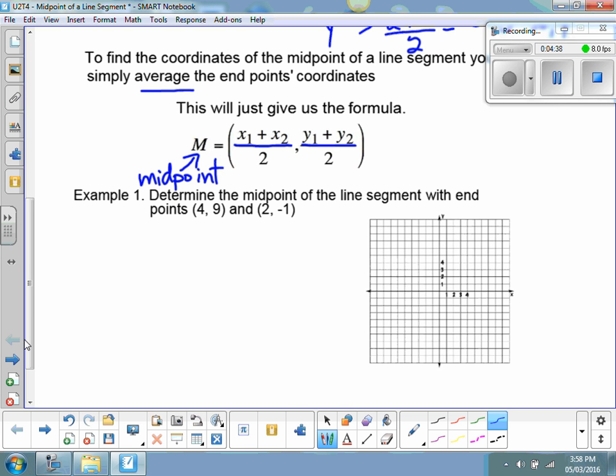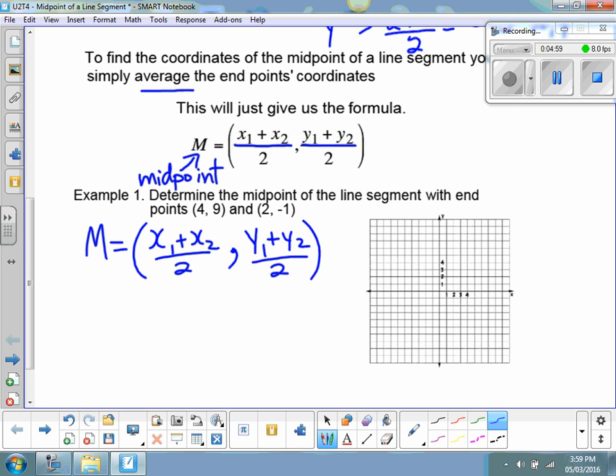So let's take a look at some examples. Determine the midpoint of the line segment with endpoints 4, 9, and 2, negative 1. So I'm going to write my formula down. x1 plus x2 divided by 2, comma, y1 plus y2 divided by 2. It's an odd formula because it's the coordinates of a point. So there's a comma in the middle, there's brackets around the outside.